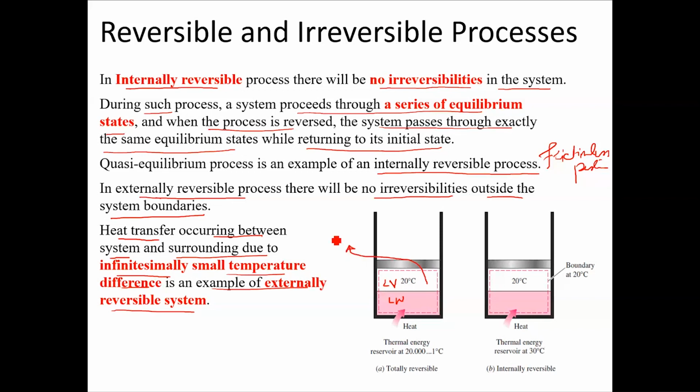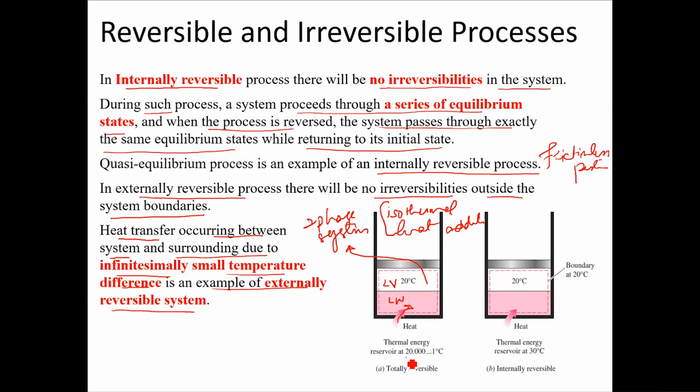This is basically a two-phase system. Any heat addition to a two-phase system, as long as it remains two-phase, would be an isothermal heat addition. And you know that heat transfer through a finite temperature difference is an irreversible process. Isothermal heat addition is a reversible process.